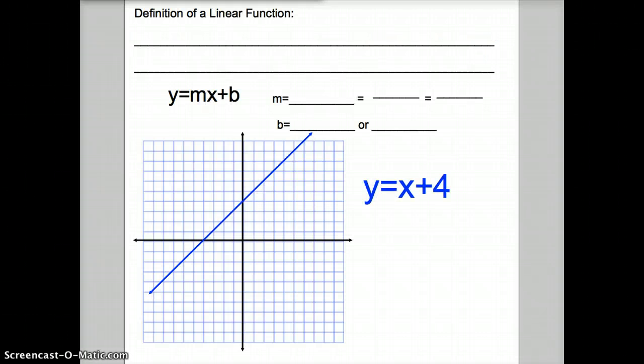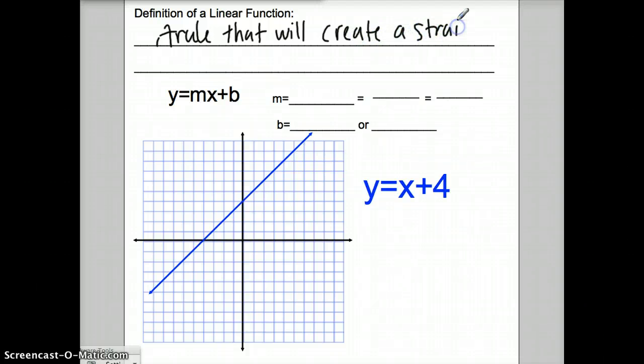So remember, a linear function is a rule that will create a straight line when you graph it in the coordinate plane. So our goal is to be able to write those rules and to be able to describe and to be able to graph those rules quickly and efficiently.